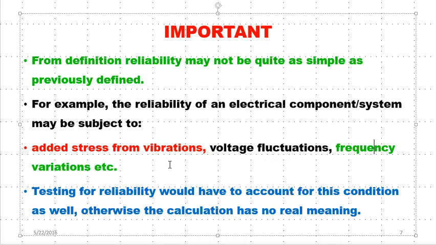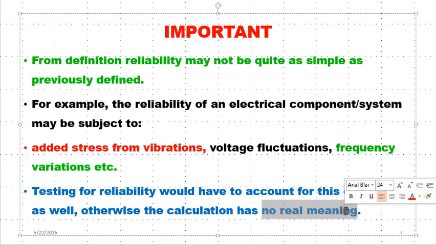So whenever you're trying to determine the reliability of a system, you have to look at all these conditions. But if you just do it without giving attention to this point, the value you have obtained will not have any real meaning.